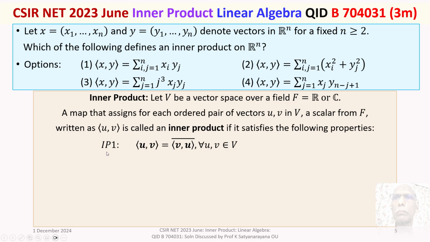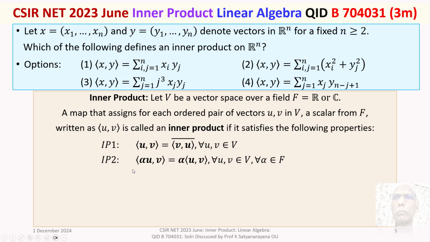The first property, IP1, inner product property 1: the inner product (u, v) is equal to the bracket (v, u) bar, where bar denotes the complex conjugate, for all u, v belonging to V. If we are working with the field of real numbers, then the bar will not be there and (u, v) is equal to (v, u), and it is called the symmetry property.